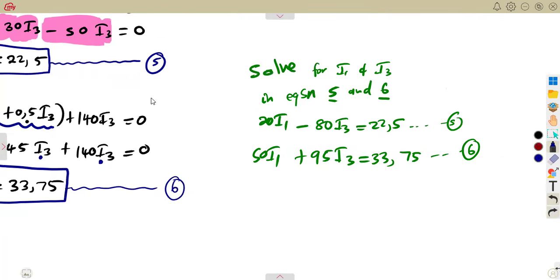In this case, I'm just going to talk of the elimination method. Let's try to eliminate I1. To eliminate I1, I'm just going to interchange. Remember, you just have to multiply on top. So I'm going to multiply by 50 on top, by 20 here. In actual sense, you're just supposed to multiply by 2, you can even reduce this, and multiply by 5 on top.